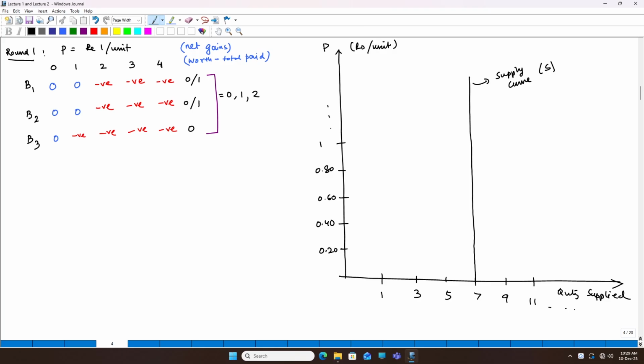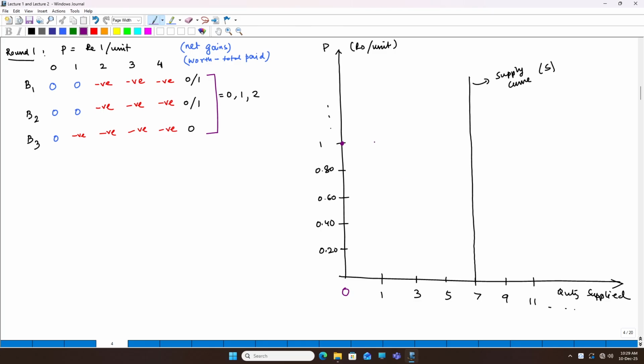So, what do we know? What do we learn from this example? We learned that if the price is 1 rupee per unit, the 3 buyers combined may choose either not to buy at all. So, at a price of 1 rupee per unit, I will use a different color for the demand curve. The total quantity purchased, i.e. the total quantity demanded, could either be 0, they may choose not to buy, which is a perfectly valid choice, or the total quantity purchased is 1 unit, and the total quantity purchased is, let us say, 2.